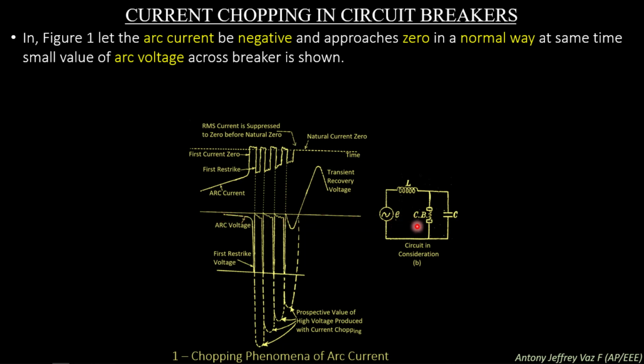and the equivalent circuit. You can see here a generator which is feeding a transmission line, and this transmission line has a lumped inductance of L and a lumped capacitance of C, and it has a circuit breaker to control it.